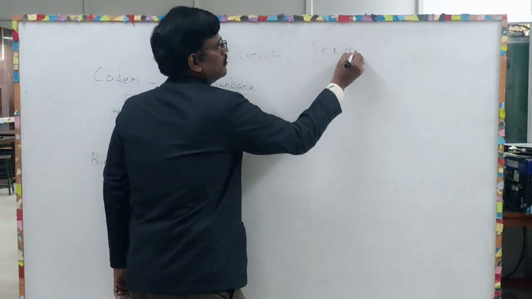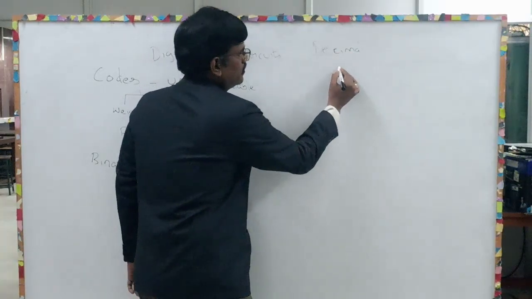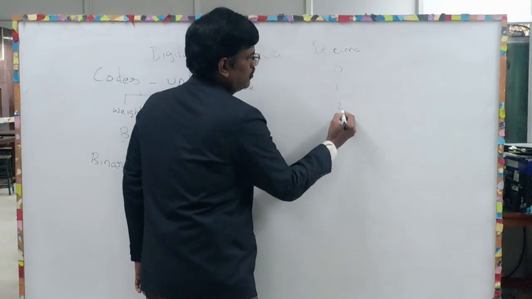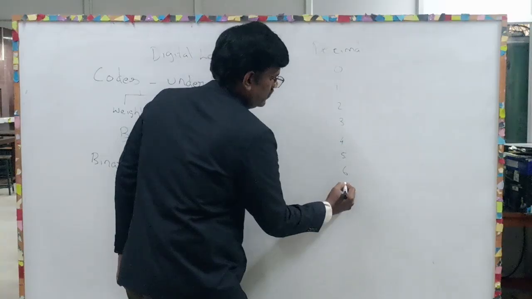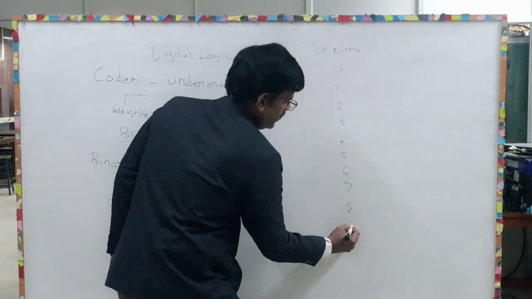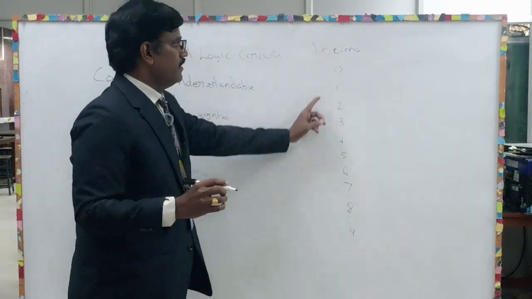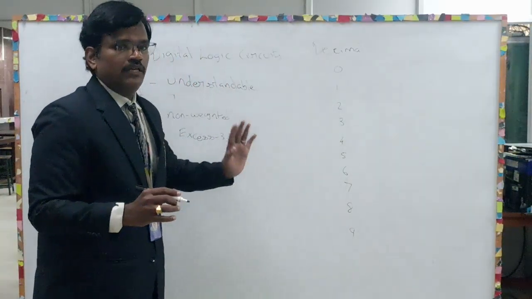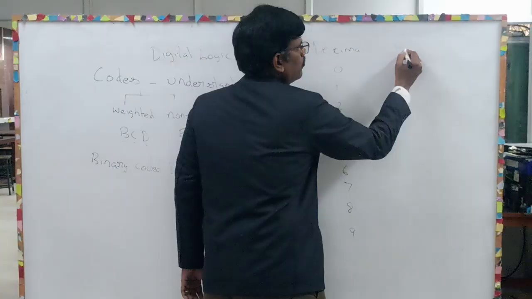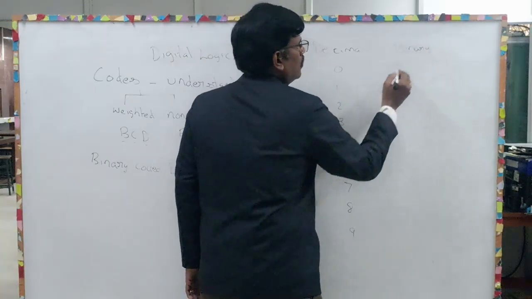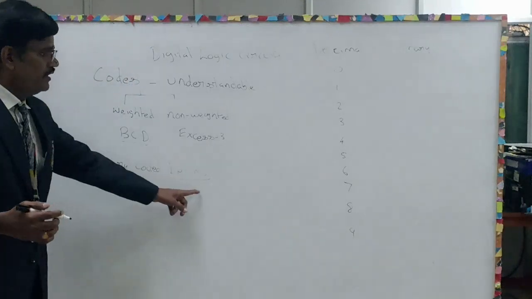For the decimal, the digits possible are 0, 1, 2, 3, 4, 5, 6, 7, 8 and 9. These are the values that are possible in a decimal number system. So, for this we are trying to find the binary values, and so we go for this binary coded decimal.